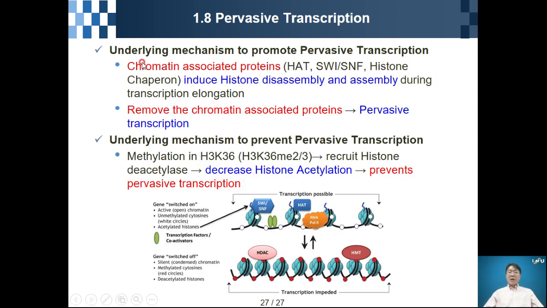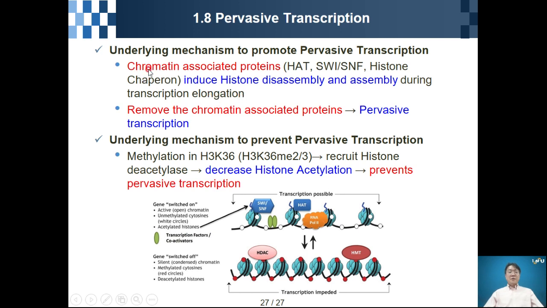In this slide, I will explain the underlying mechanism that promotes pervasive transcription. Usually the chromatin-associated proteins, HAT or SWI/SNF or histone chaperones, induce histone disassembly or assembly during transcription elongation.